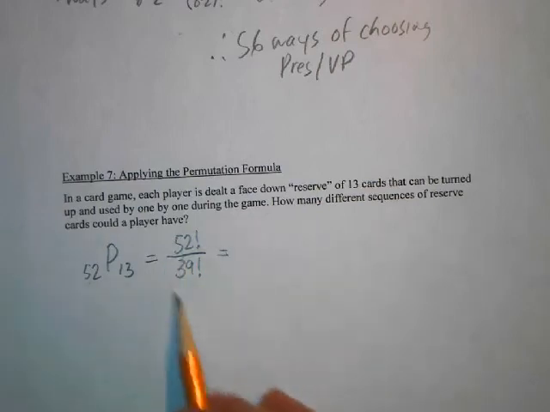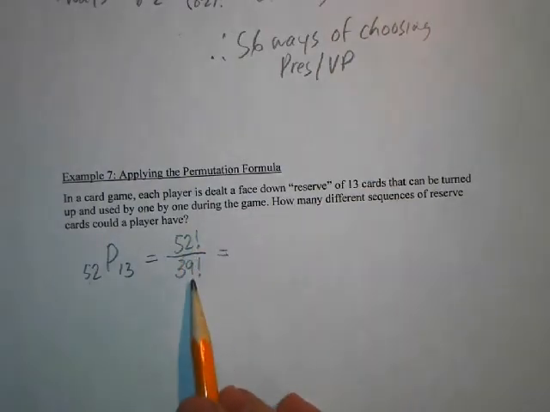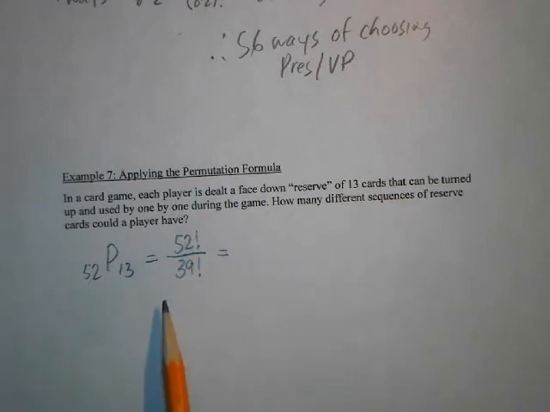Now these numbers are still pretty big, but you could use your calculator for this. I think the highest a lot of calculators would do is 62 factorial, so this just squeaks in.